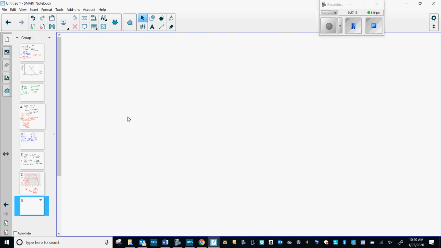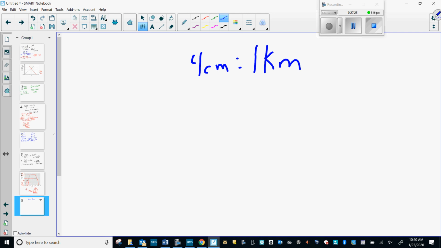We're doing well. Okay, so for question 11, it says on a map 4 centimeters represents 1 kilometer. So the real is 1 kilometer. What I did first is I converted the centimeters to kilometers.